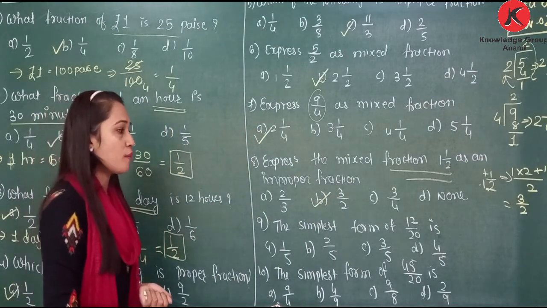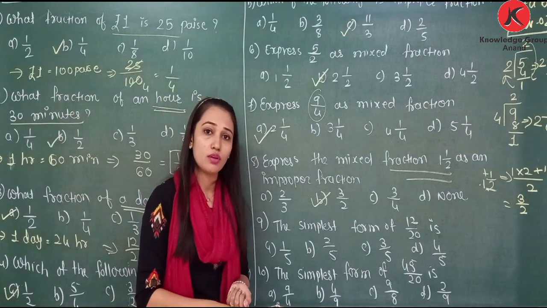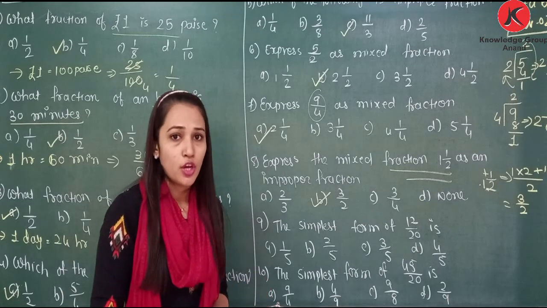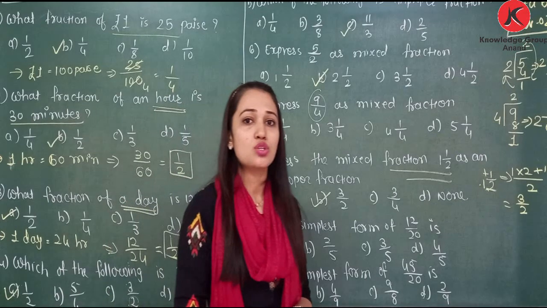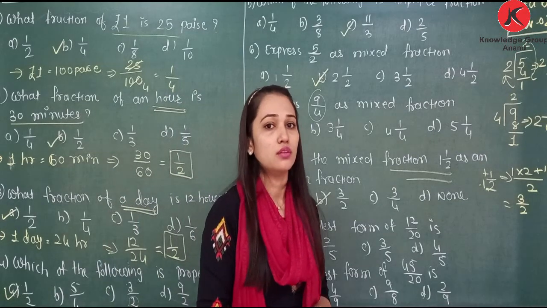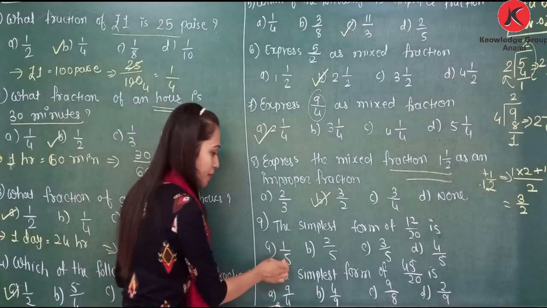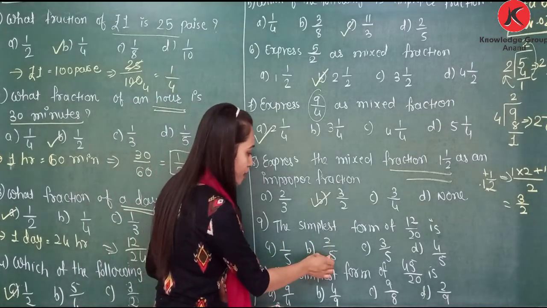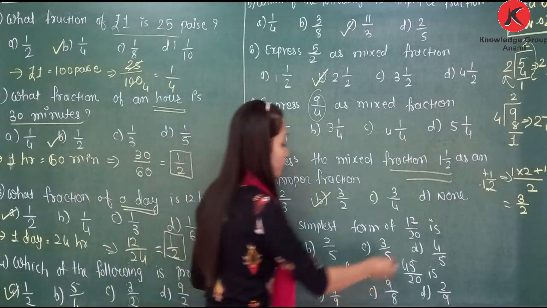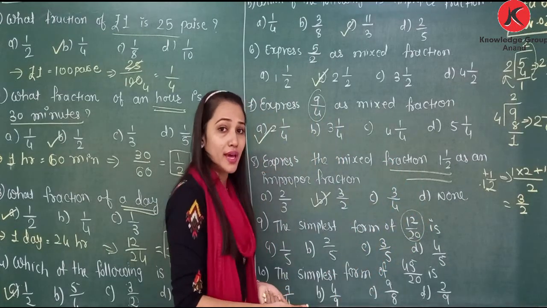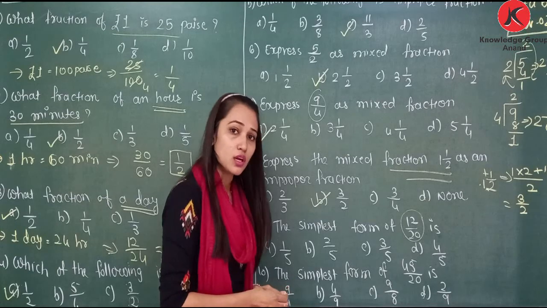The simplest form of 12 by 20. Again we learned in the previous video what is the simplest form. If the numerator and denominator have the common factor only 1, then they are in the simplest form. So 12 by 20. First we find the HCF of 12 and 20, or you can find the factors of 12 and 20.